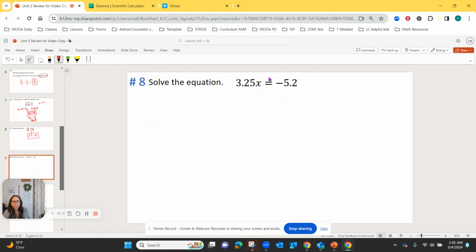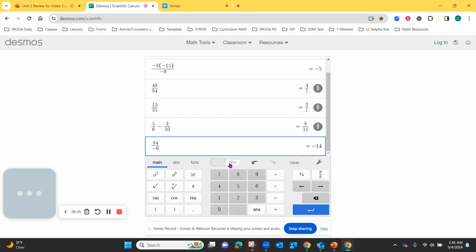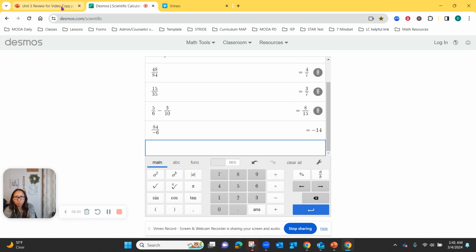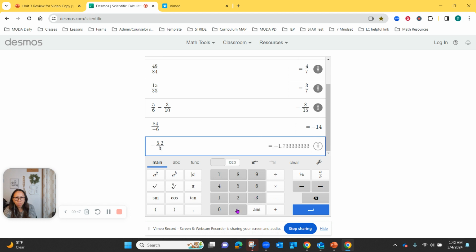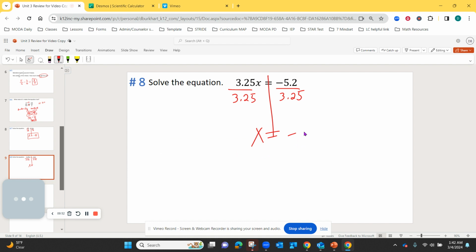Alright, so for number 8, you do the same thing. You divide each side by 3.25 to get the x by itself. So the x by itself right here on the left side, and then you use your Desmos, -5.2 divided by 3.25, you get negative 1.6.